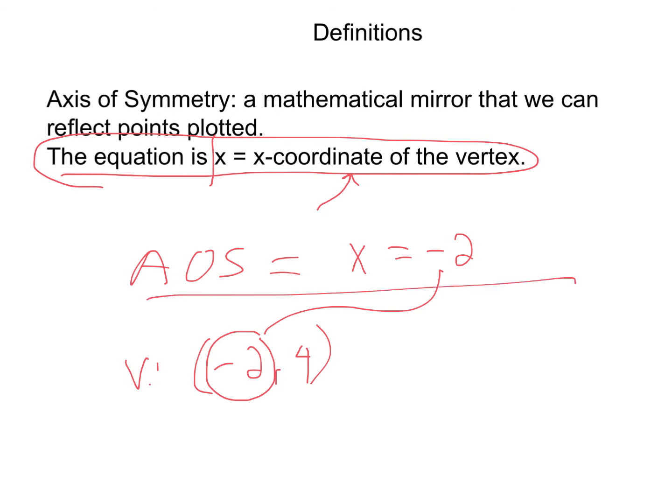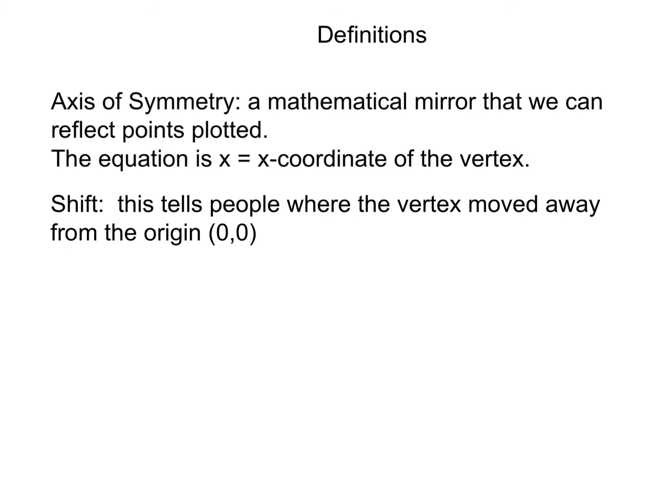with this section. A shift, again, just like the absolute value equations, tells us where we moved away from 0, 0. So again, if we have our graph, and my vertex is up here, let's say it's at the coordinate 3, 2, a shift just basically explains where this vertex went.